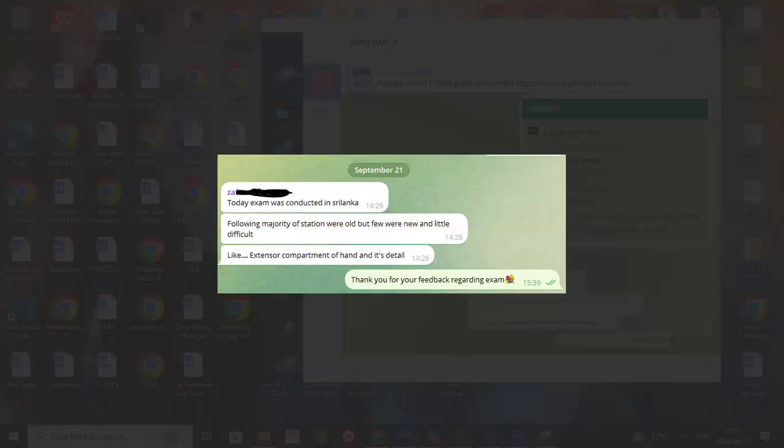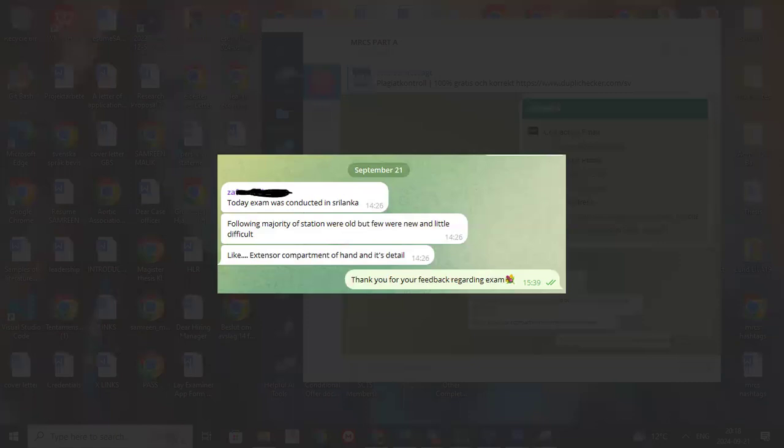So if I could quickly give you an overview, I've already told you extensor compartment, extensor retinaculum, and dorsal palmar arch.